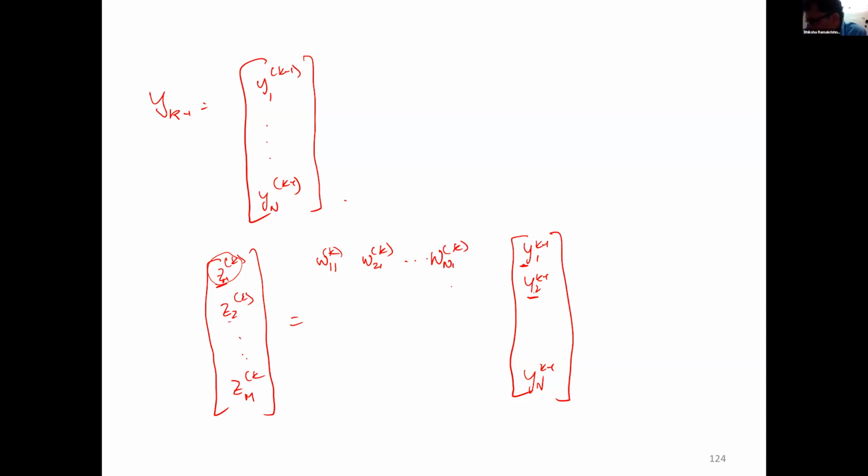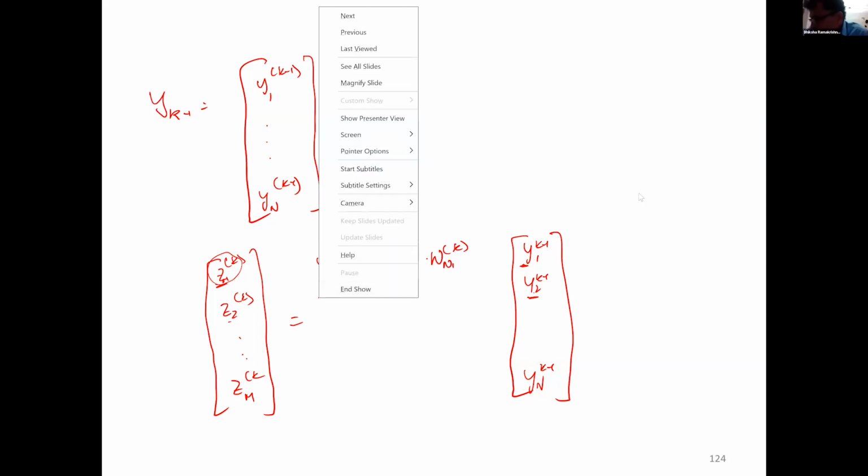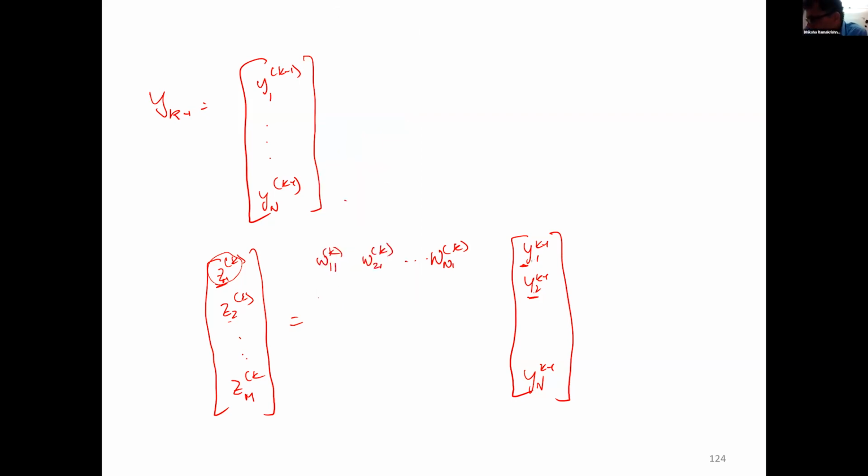What are the weights? W21k. No, it's not. W21 is going from 2 to 1, right? I'm connecting what multiplies y1 to give me z2. Oh, W12k. W12k, correct? Yes.